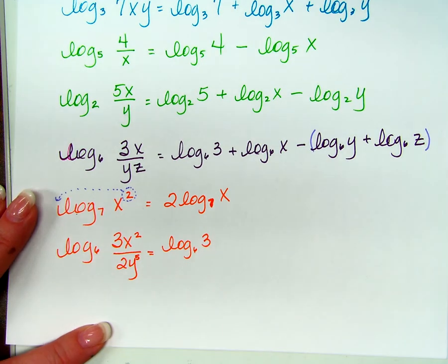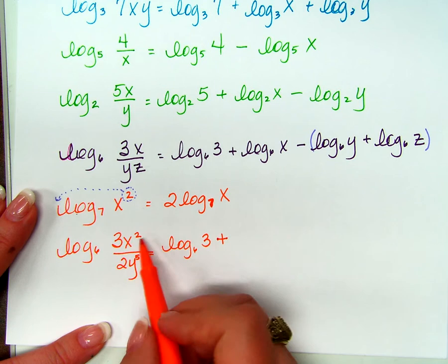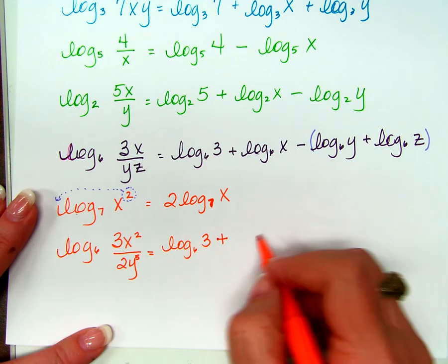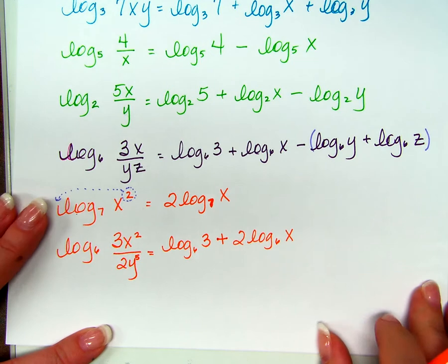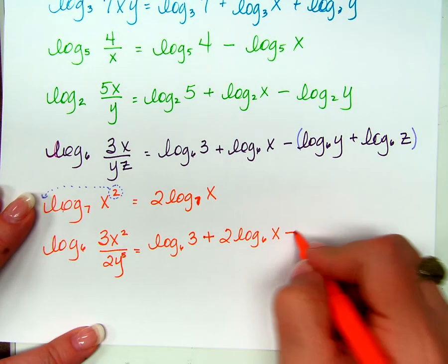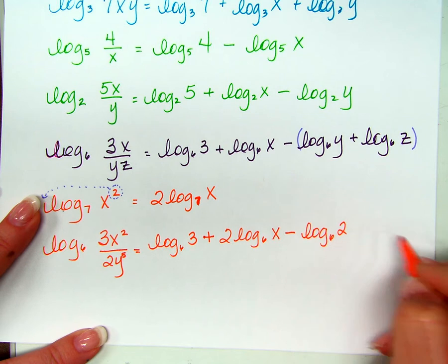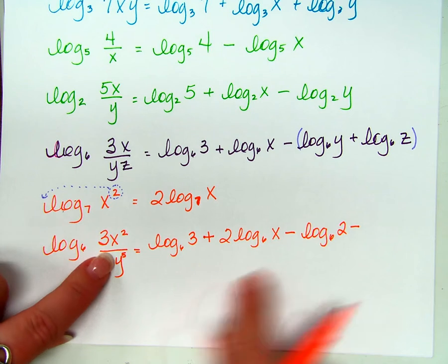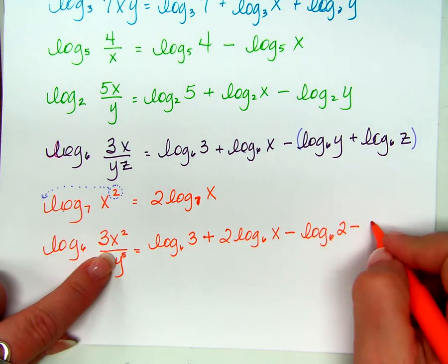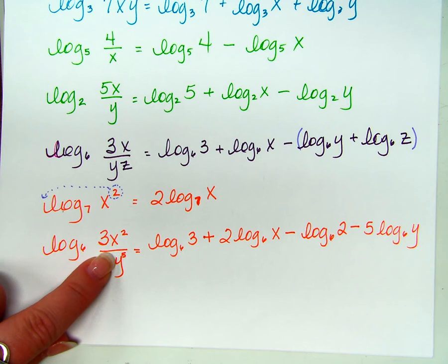Then what? Plus, what's going to happen to this 2? 2 log base 6 of x, very good, minus, well, we already used the 2, right? We already did the 2 right here. So 5 log base 6 of y.